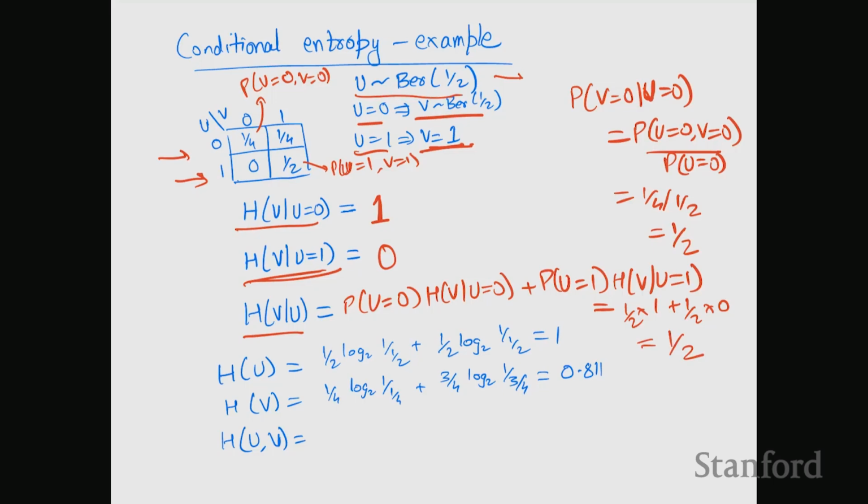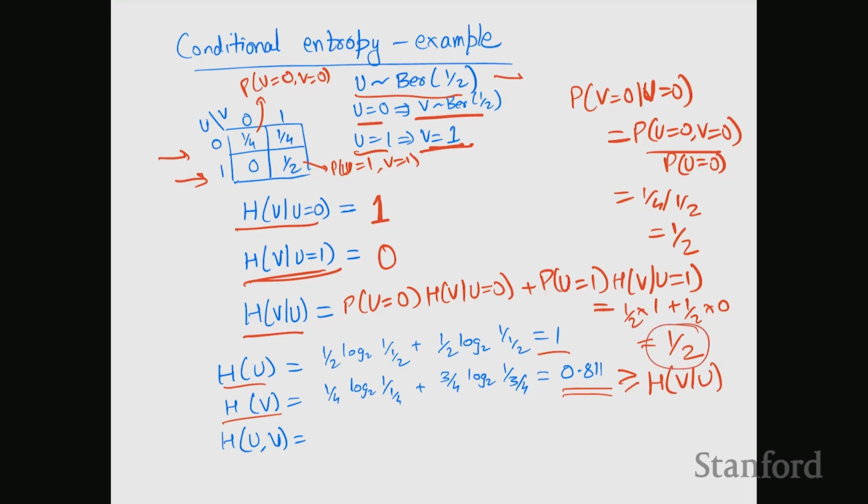And a few things I computed at home: the entropy of U is 1 because it's Bernoulli half. The entropy of V is 0.811. So you already see that the entropy of V is bigger than or equal to this. So you see that knowing U has decreased your uncertainty about V, right? Knowing just V on its own had some uncertainty 0.811, but knowing U reduced it to half, right?